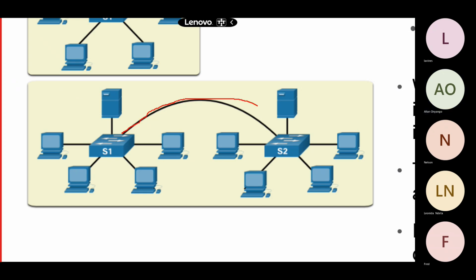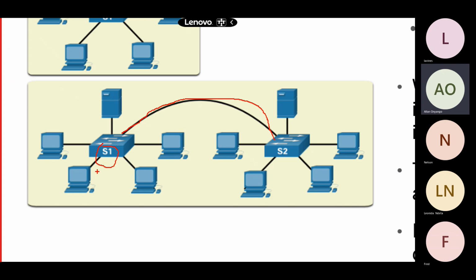The first switch, S1, is connected to 5 devices: a server and 4 PCs, and it is still connected to switch S2. Switch S2 is also connected to a server and 4 more PCs, and of course to switch S1. Now, it is important to note that, remember I said that a switch is a broadcasting device.